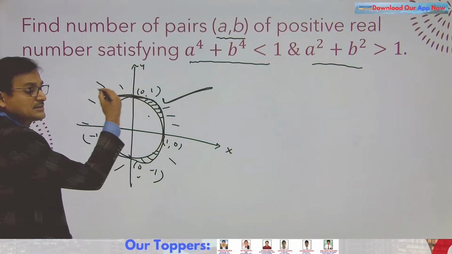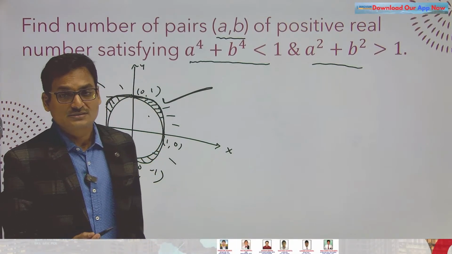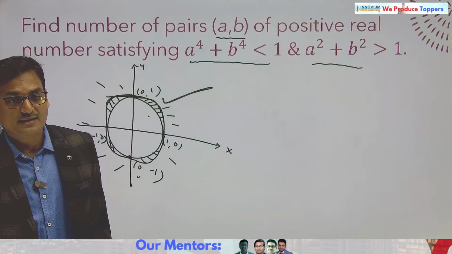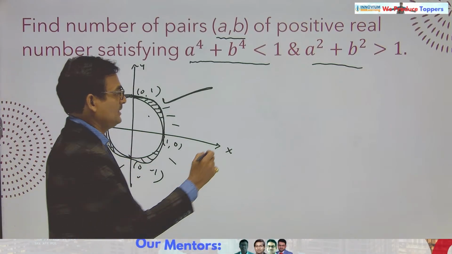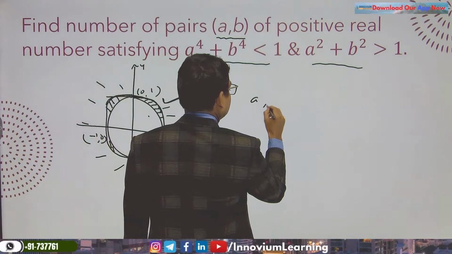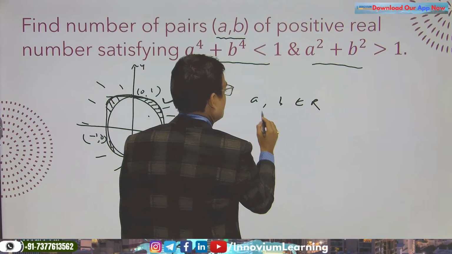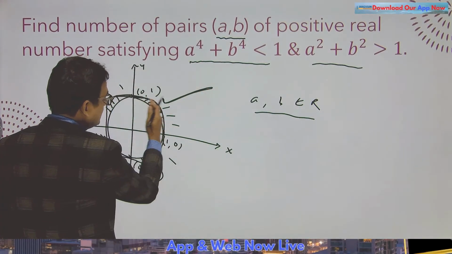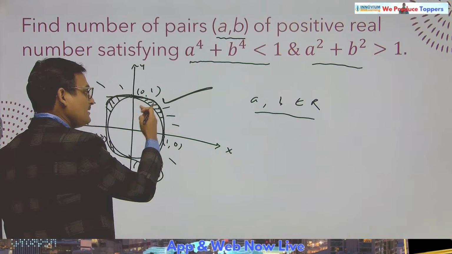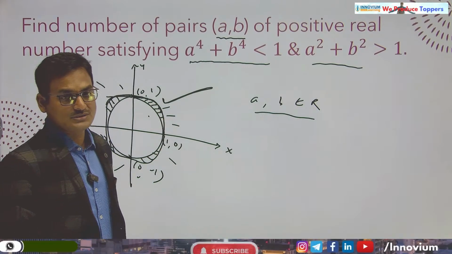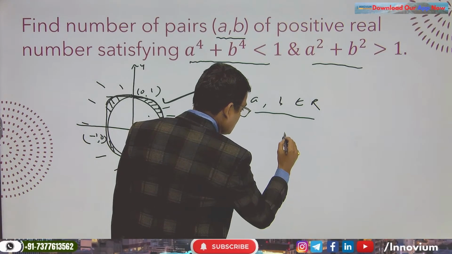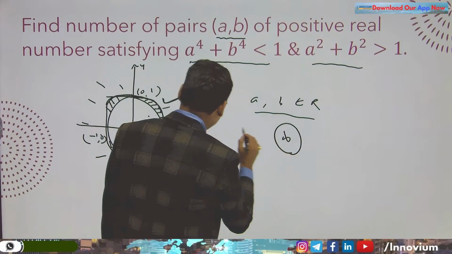So how many points lie? Because in the question it is given real number, A and B represent real numbers. A is a real number. How many points lie outside the first locus and inside the second locus? So there are infinite points. How many points will lie? Infinite points will lie.